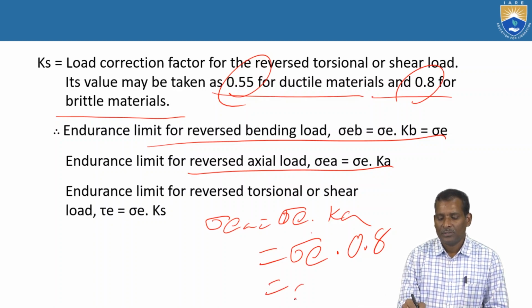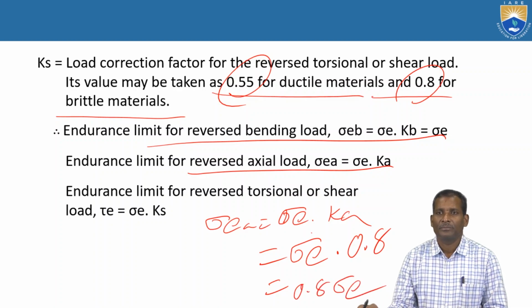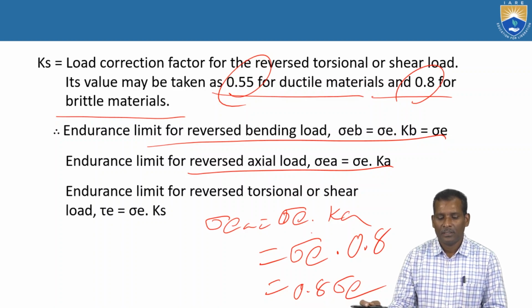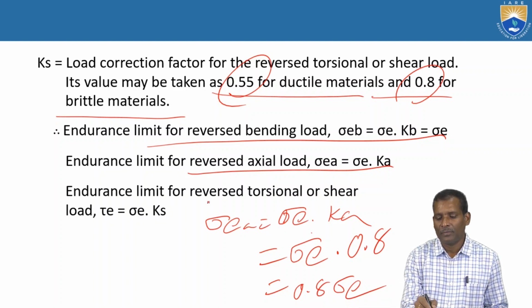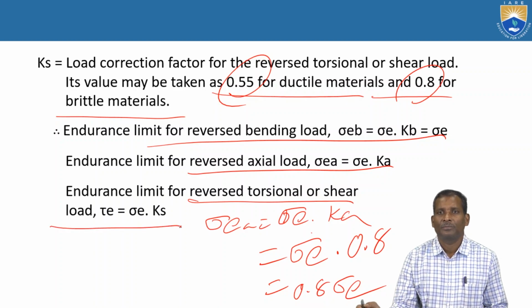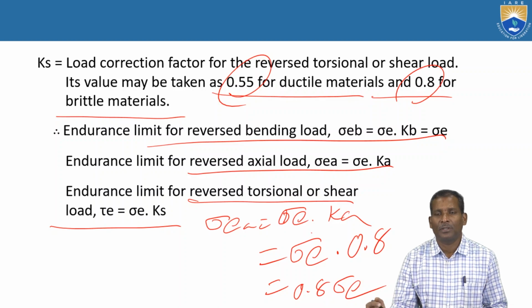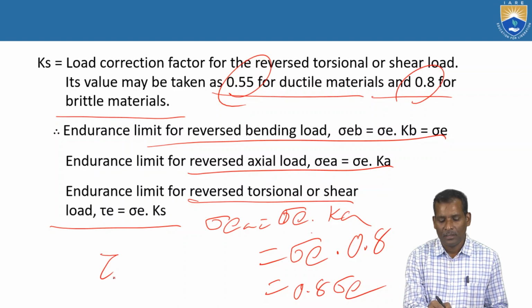So that is 0.8 sigma E. This is under reversed axial load. Similarly, the third one is the endurance limit for reversed torsional shear loads. Whenever the component is subjected to shear load, shear stress, the shear endurance limit is equal to sigma E multiplied with Ks.